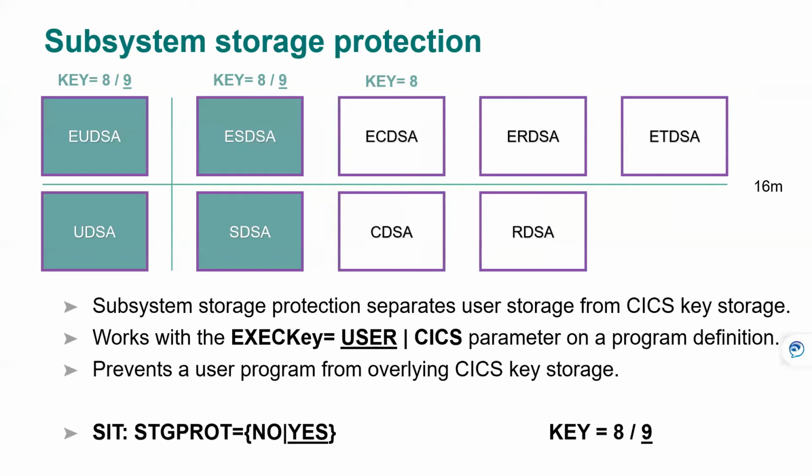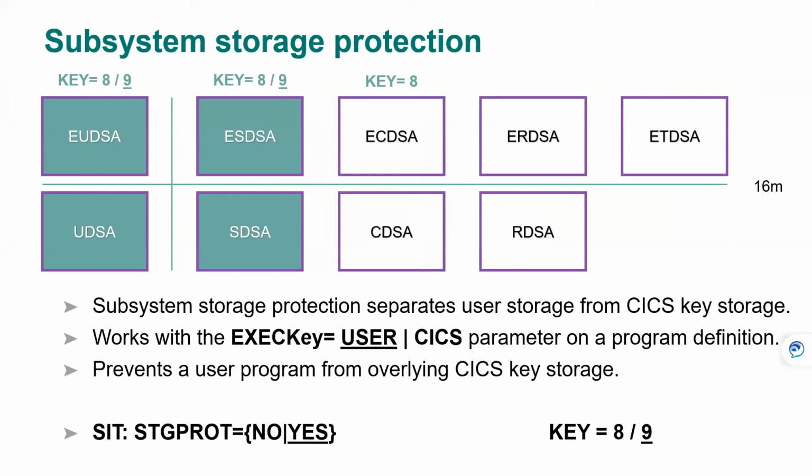The second piece of protection is storage protection, and the default is also yes today, okay? Storage protection will change the shared DSAs above and below the line and the user DSAs above and below the line to key 9. So what it's basically doing is separating out the system from the user, right? So the system is still key 8, right?